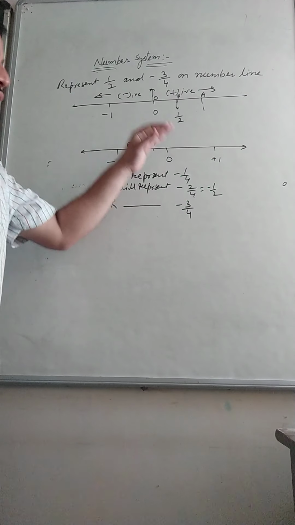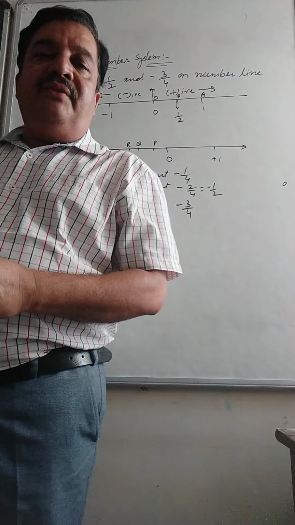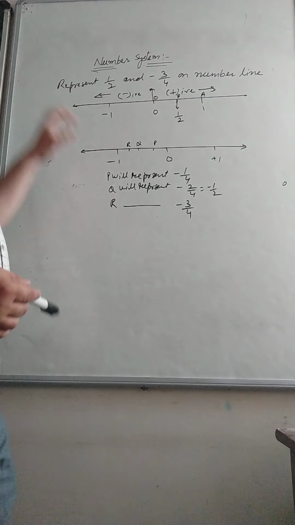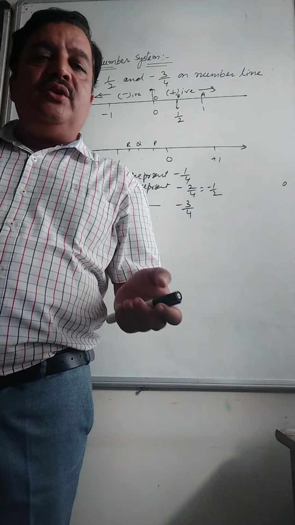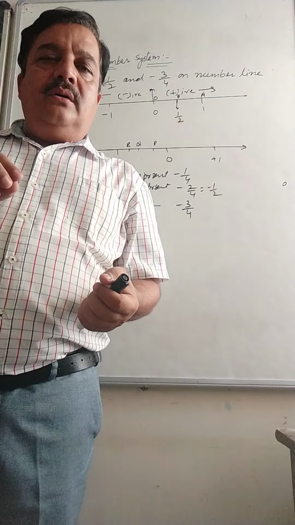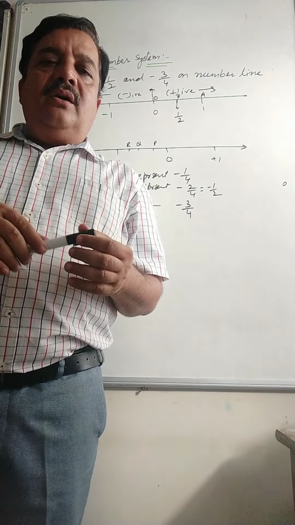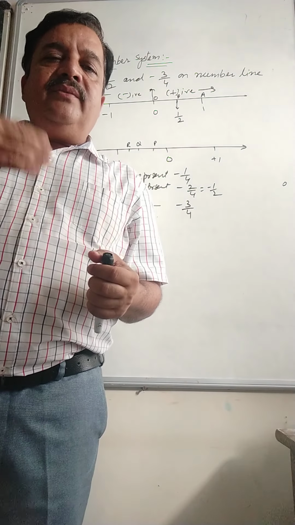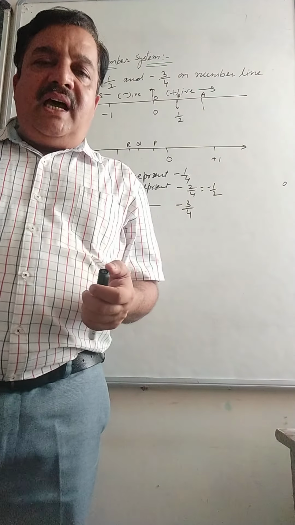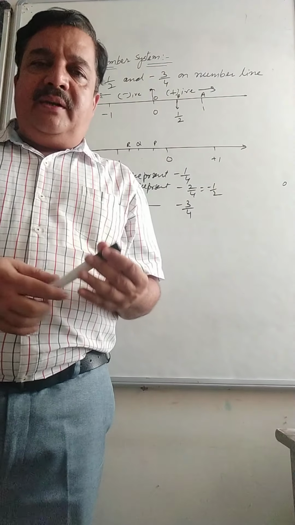And according to the definition of rational number, we can say that all natural numbers are rational numbers. All whole numbers are rational numbers. All integers are rational numbers.